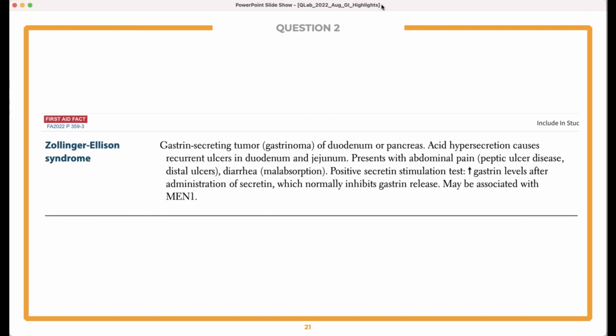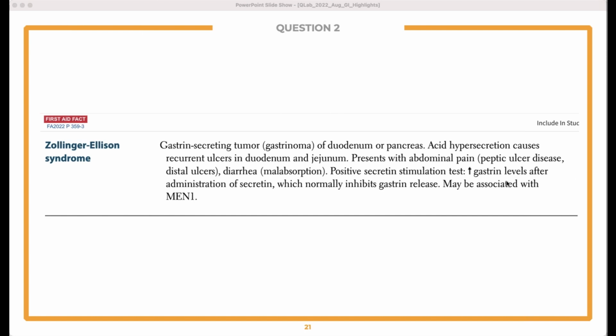This is a gastrin-secreting tumor, and this causes acid hypersecretion that causes recurrent ulcers in the duodenum and the jejunum, okay? Now remember, this is a pancreatic neoplasm, so this could be associated with MEN, or multiple endocrine neoplasia 1, okay? So this is most likely the cause of this patient's condition.